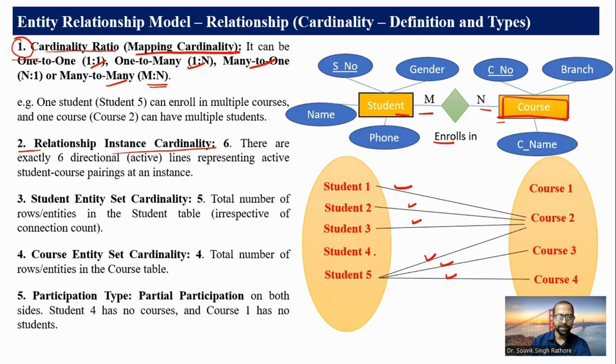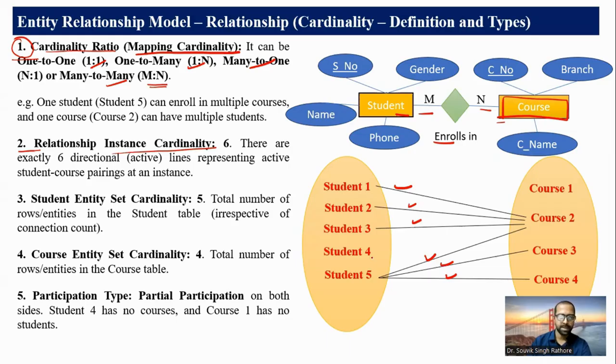So in our particular example, here we can count all the actual student course connections. Count the number of connections over here. We have 6 connections as shown in the diagram, so we have 6 relationship instances.